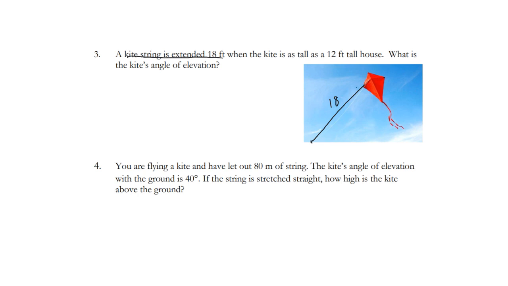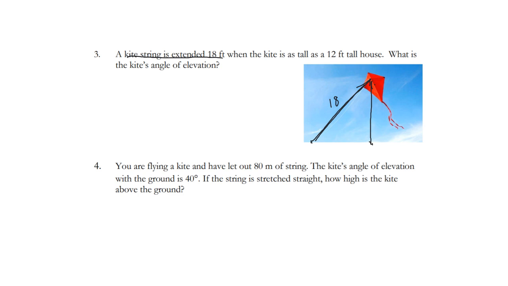That's the kite string, right? Goes to there. And then it says, when the kite is as tall as a 12-foot tall house. So in other words, the kite is at a height of 12. So from here, drop down, let's say this is the ground, even though again, based on this picture, it's not. Kind of have to use your imagination a little on these word problems.